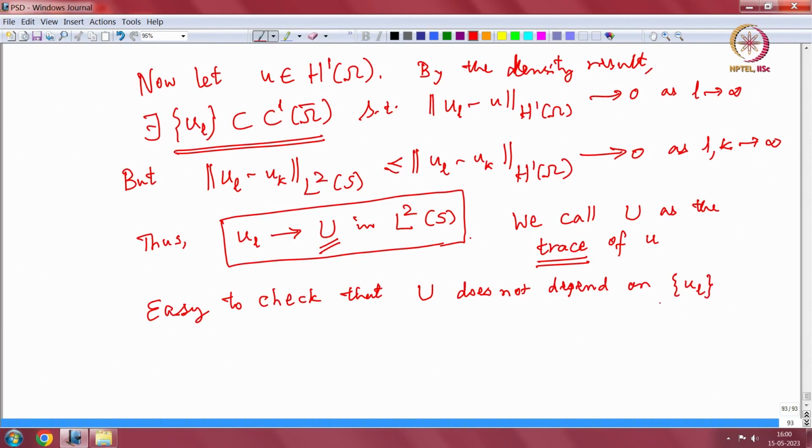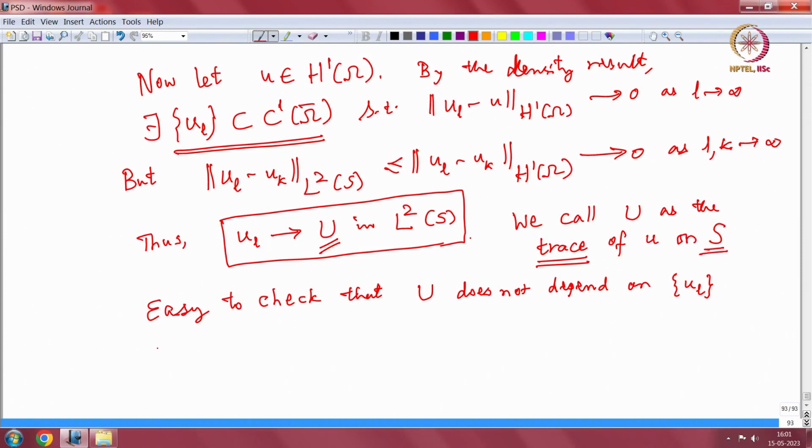So if you take another sequence, finally this one will be the same. That requires some two or three steps, but this is a very routine thing. In this way we have defined a function on any surface, so in particular the trace of u on S.